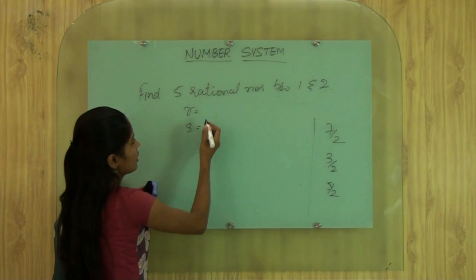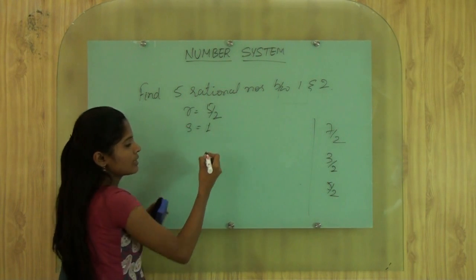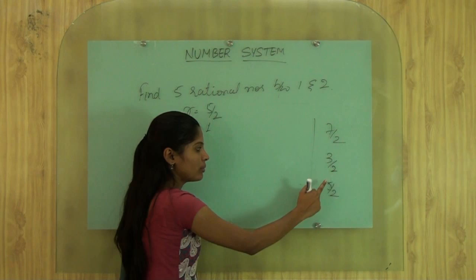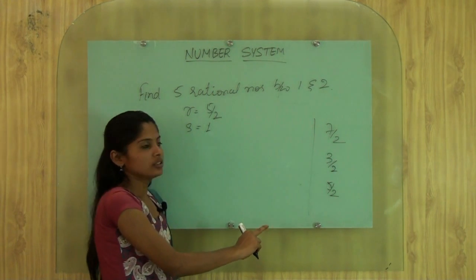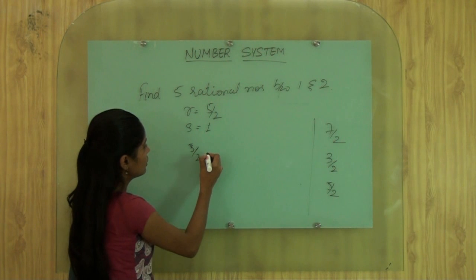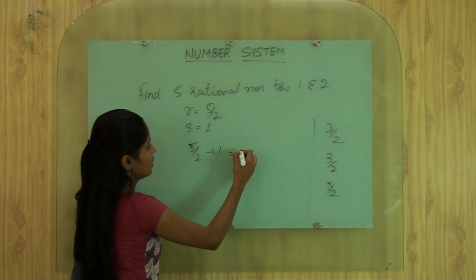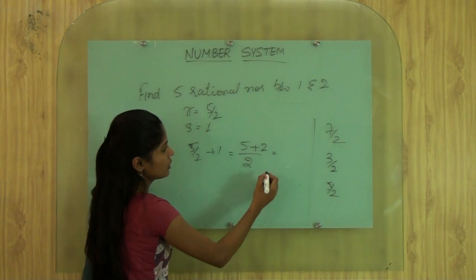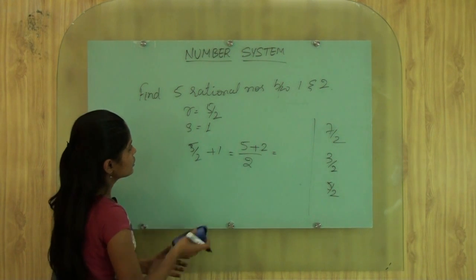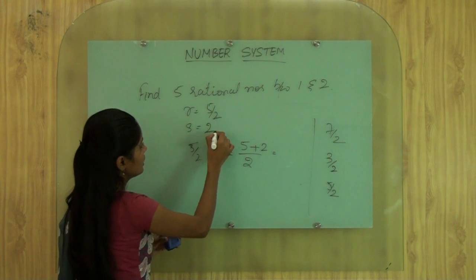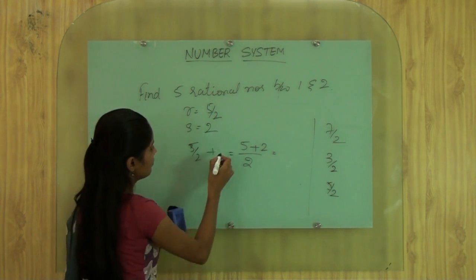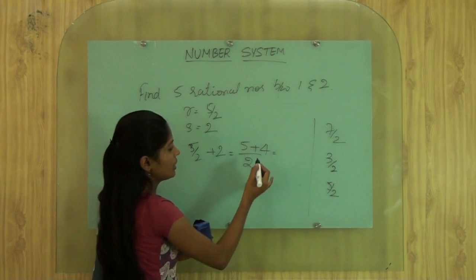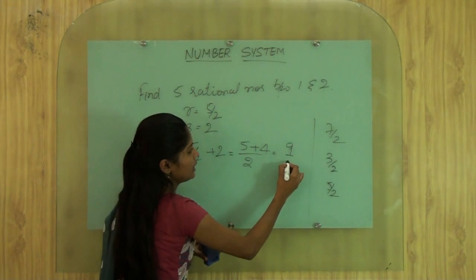Then make 5 by 2 as r and s as 1. You can take any combination. 5 by 2 plus 1, which is equal to, 2 is the LCM, 5 plus 2 into 2 is 4, so 5 plus 4 is 9, 9 by 2.